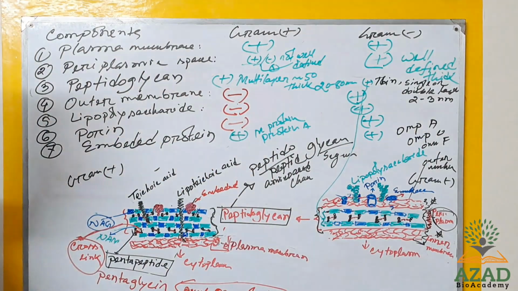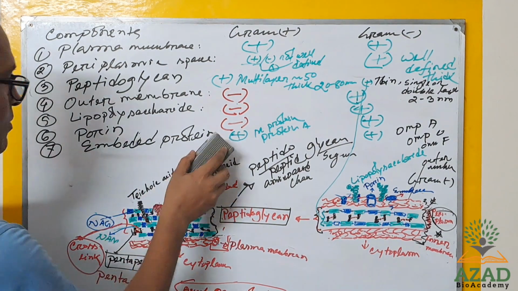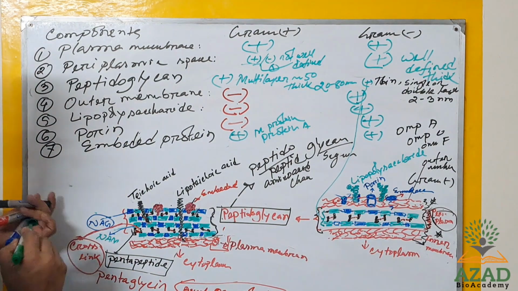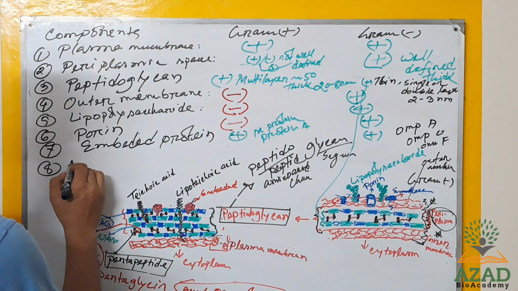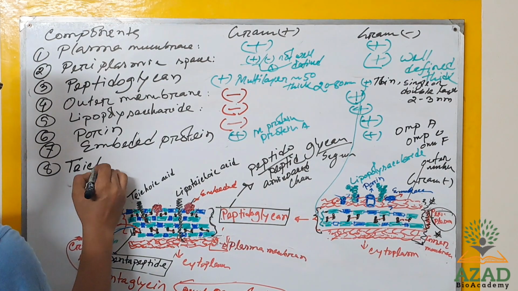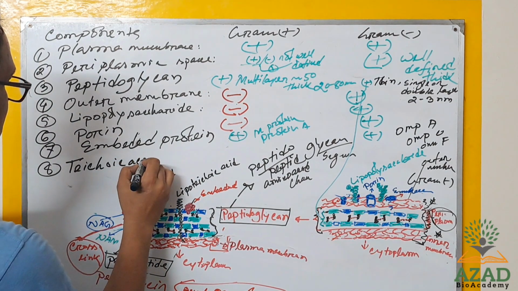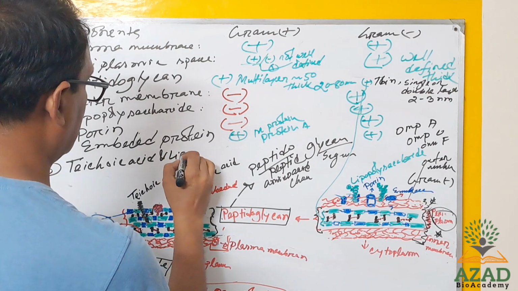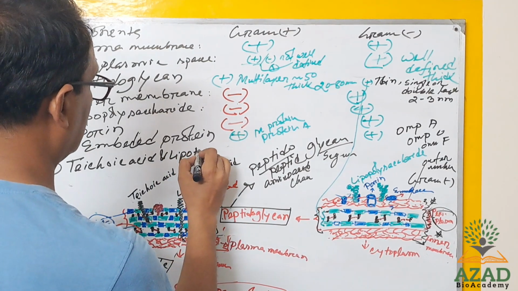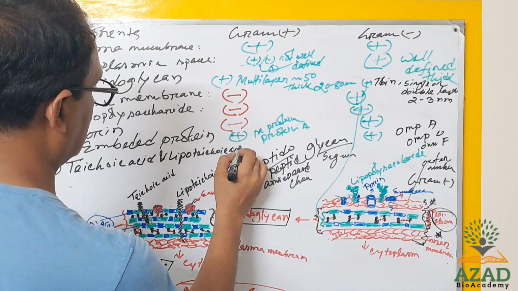So now I will go for the specific components of gram-positive bacteria, that is teichoic acid and lipoteichoic acid.